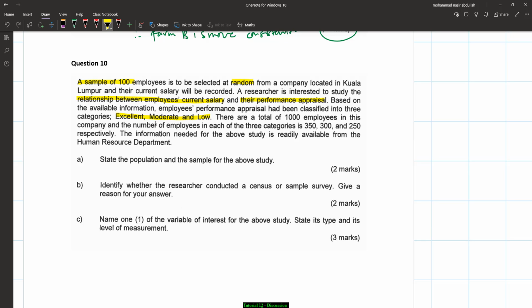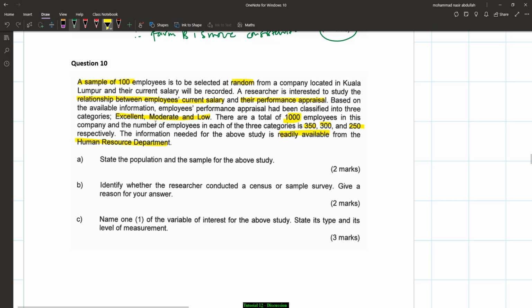So there are 1,000 employees in this company. The number of employees in each category is 350, 300 and 250. The information needed for the above study is readily available from the human resource department. So what are they asking? Between employee salary and their performance appraisal.